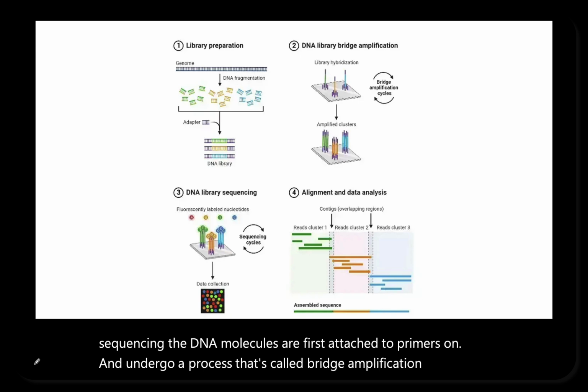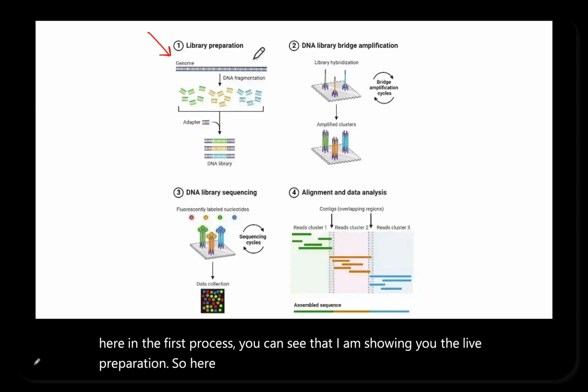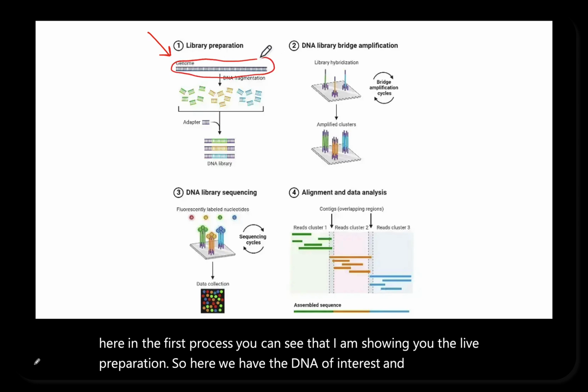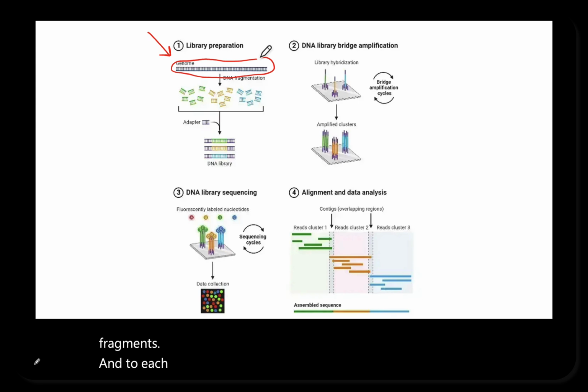So here in the first process, you can see that I am showing you the library preparation. So here we have the DNA of interest, and we fragment this DNA of interest into different, shorter, double-stranded fragments. And to each of these fragments, we're gonna add adapters.